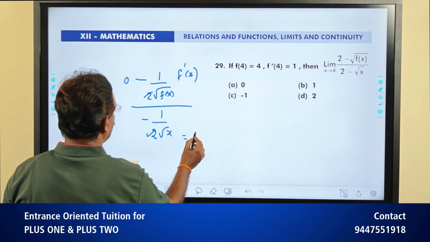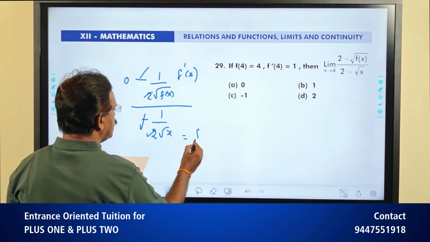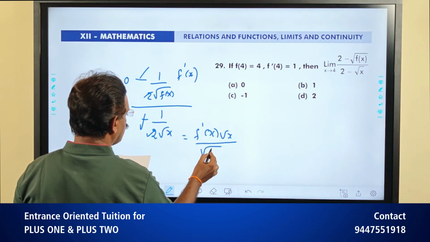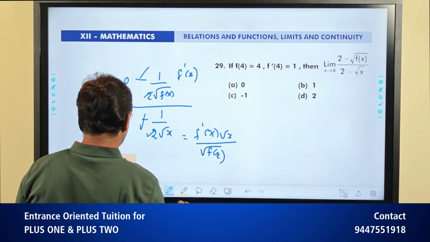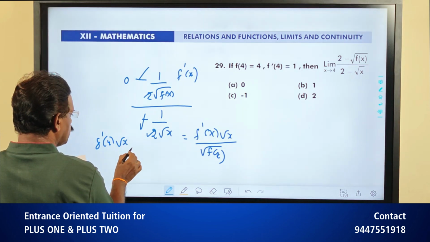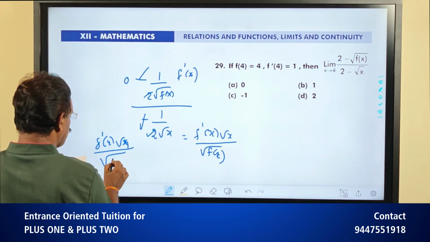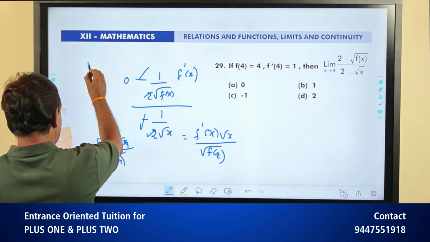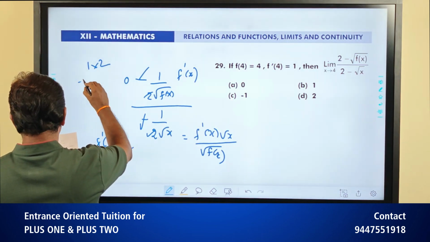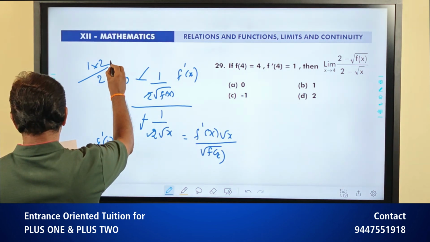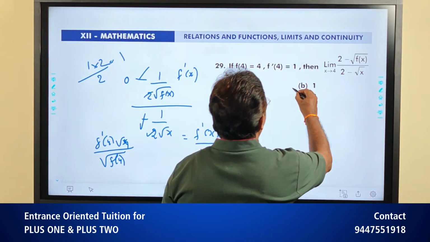Finally it becomes f dash of x root x by root f of x. When you put x equal to 4, f dash of 4 root 4 by root f of 4. So f dash of 4 is given to be 1, root 4 is 2, divided by root of f of 4, or by 2, which is equal to 1.